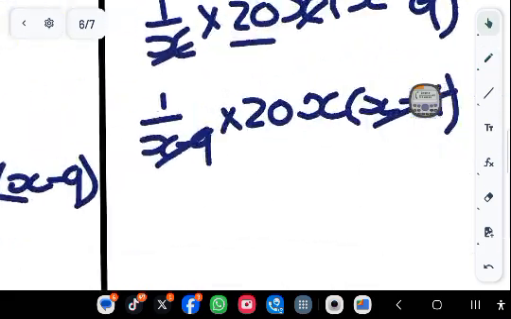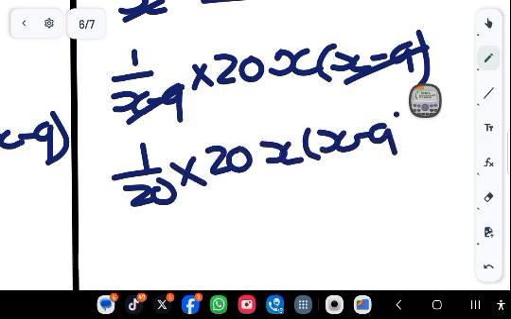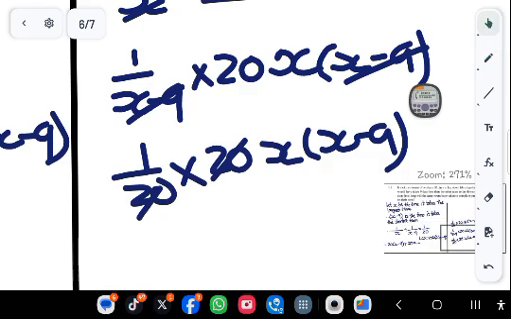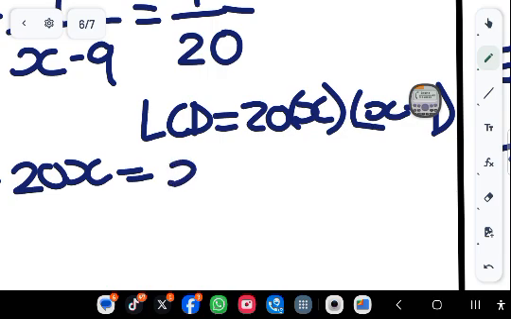And over here, the 20 cancels out, and it leaves us with the other. So that will be equal to x in brackets, x minus 9.